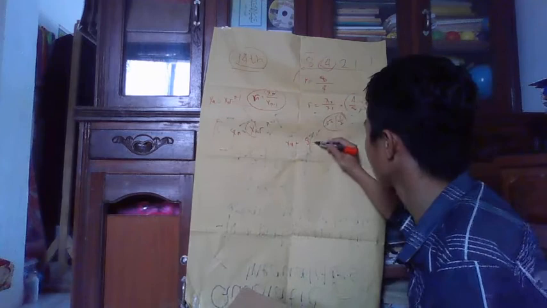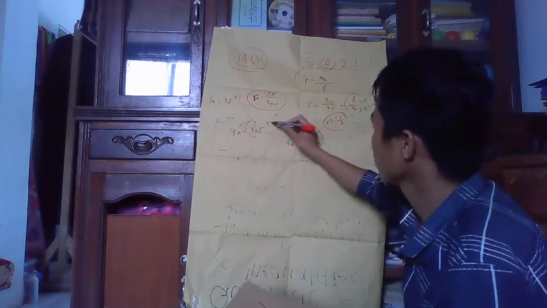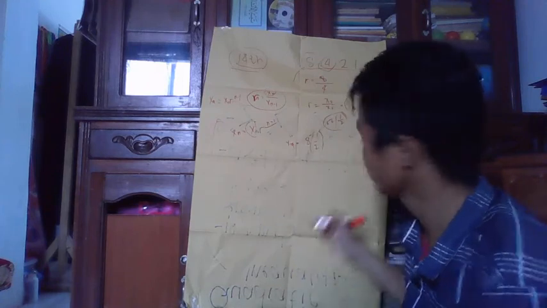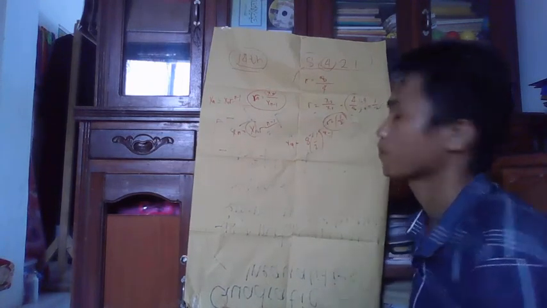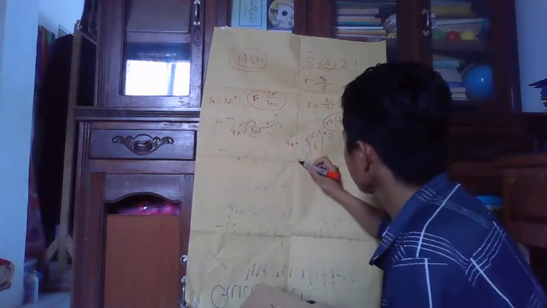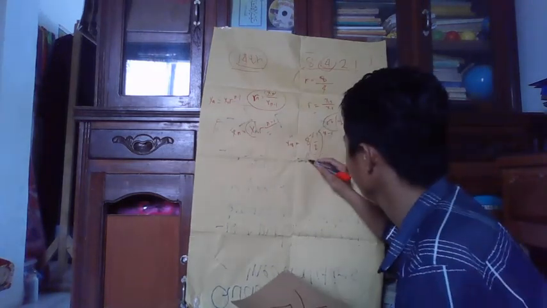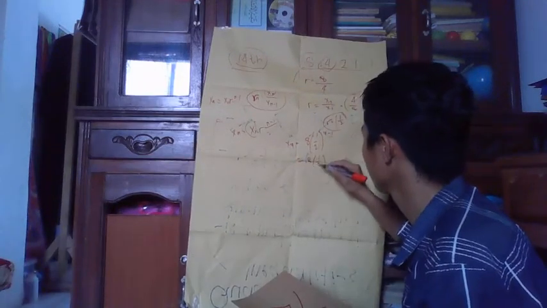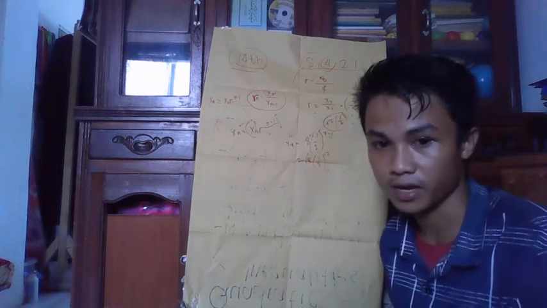Over here, n is 14 minus 1. So, let's solve. First, we subtract 14 minus 1, which is 13. So it becomes 8 times quantity of 1/2 raised to 13.